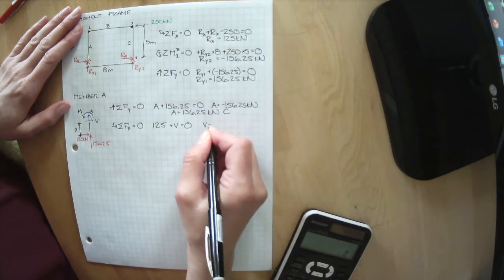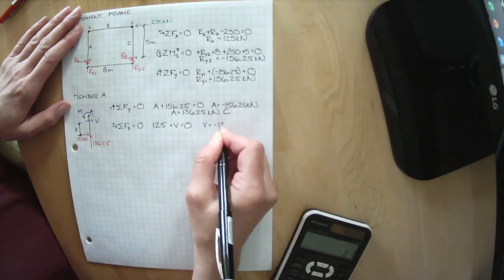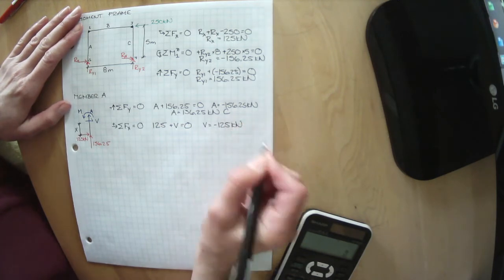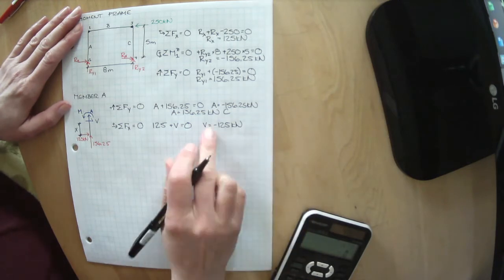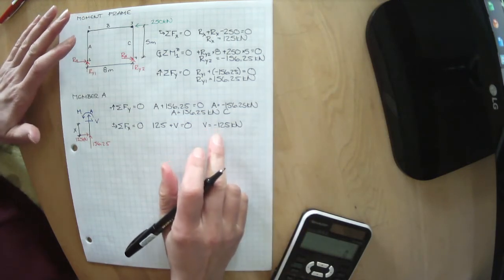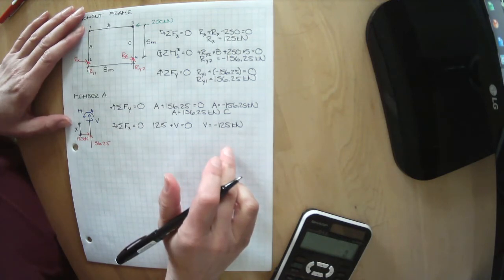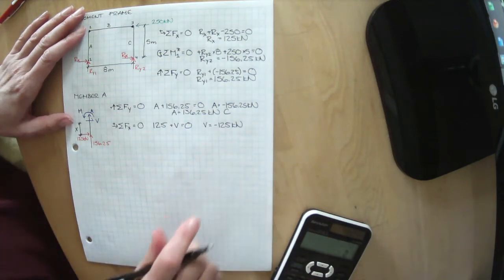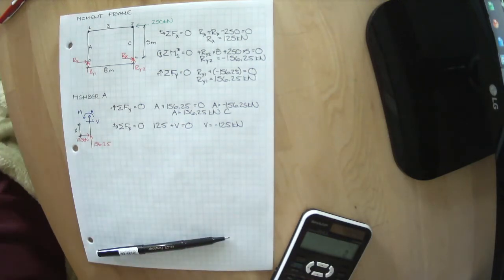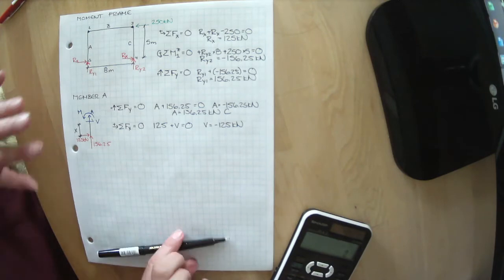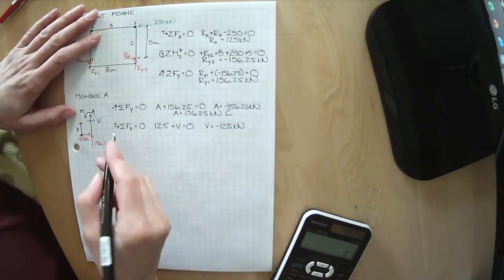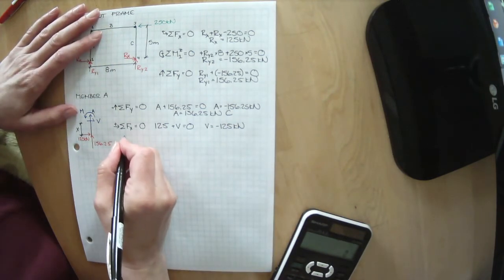So V equals minus 125 kilonewtons. Remember, positive or negative doesn't really mean much when we're talking about shear. But it does help us keep things organized until we're done.